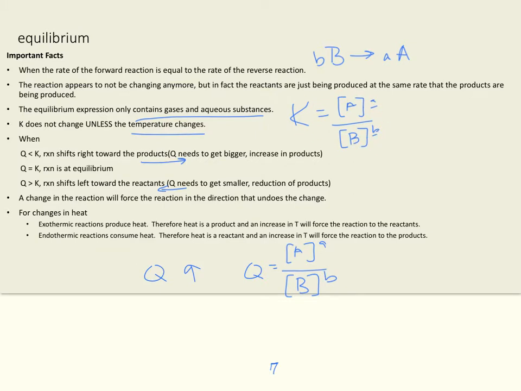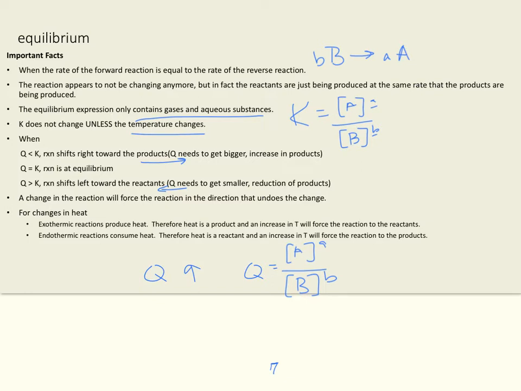So if our Q is less than K, then we need more A. And if we need more A, then the reaction has to go forward to make this bigger until it equals K. And then the opposite is true. If Q is bigger than K, then we need Q to get smaller until it reaches K, so we'd have to make the product smaller and the reactants bigger, and so the reaction would have to go to the left.